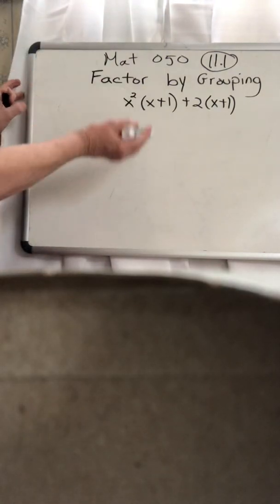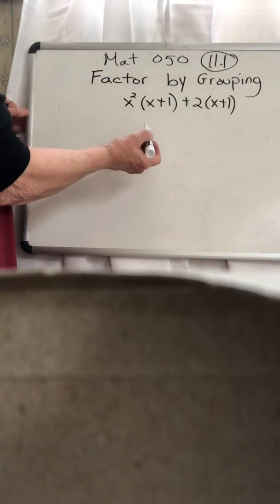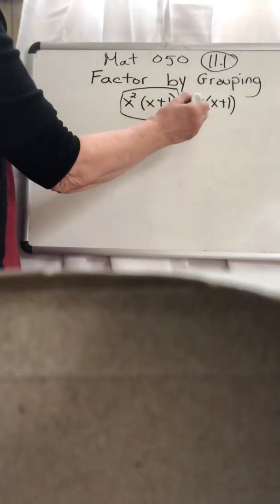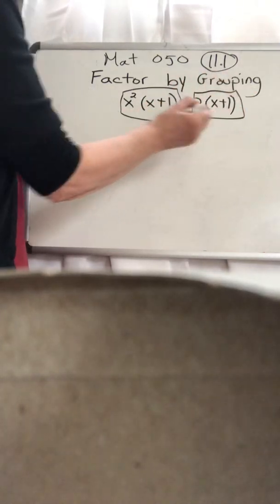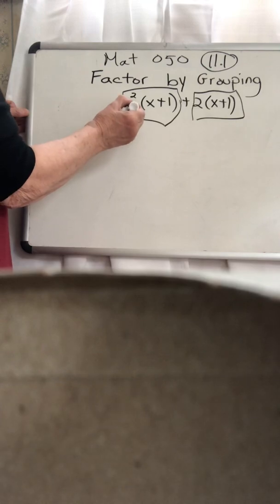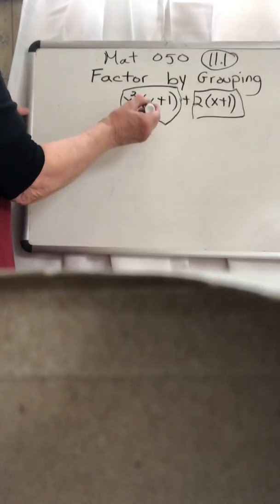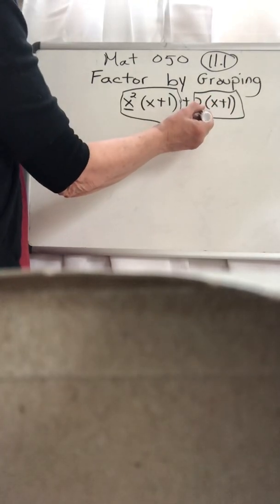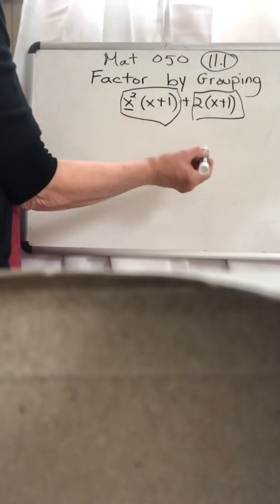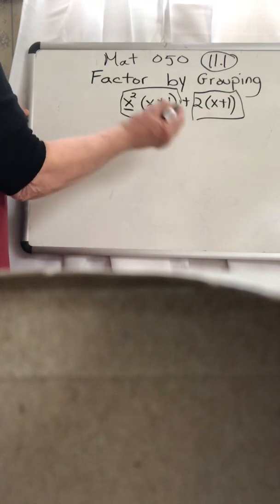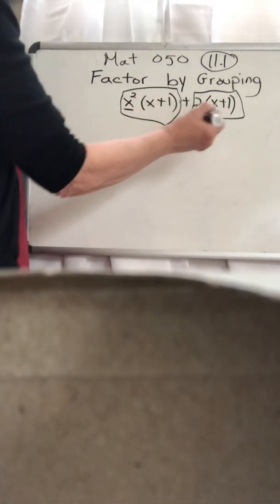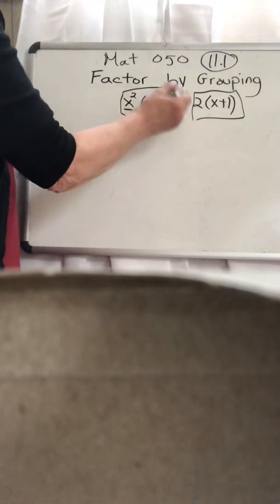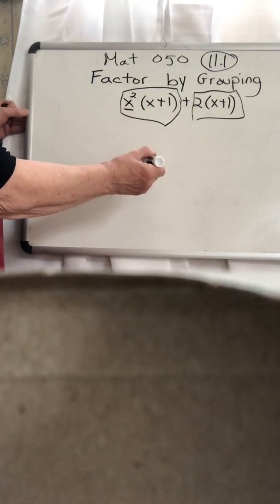What I'm showing you here is that this group right here has a common factor that has been factored out. So x squared has been factored out of x plus 1. And in this group, the 2 has been factored out of x plus 1. Because the x plus 1s are just the same, we're going to call them a common binomial factor.